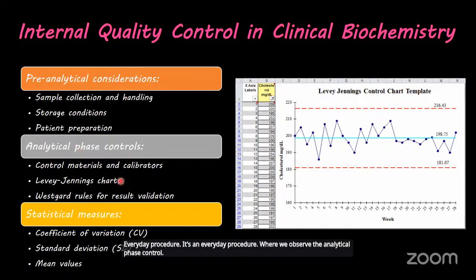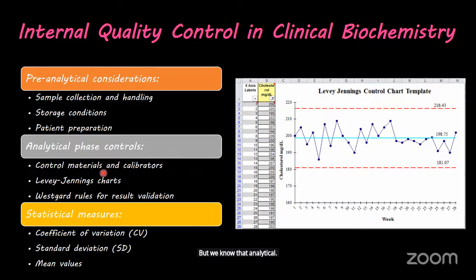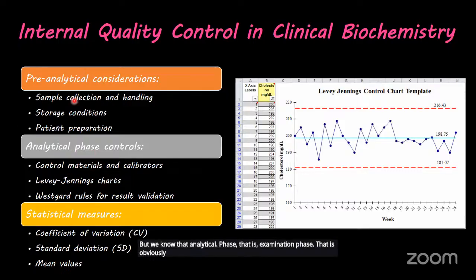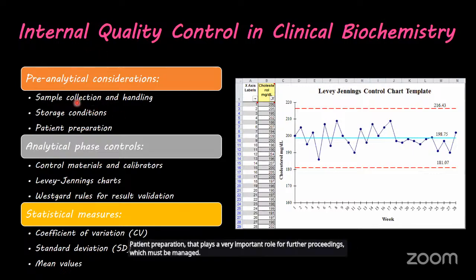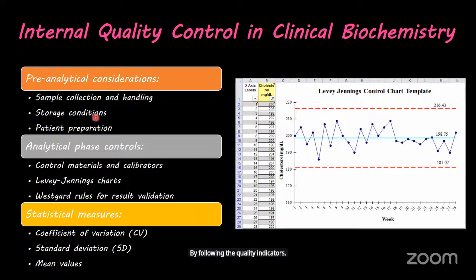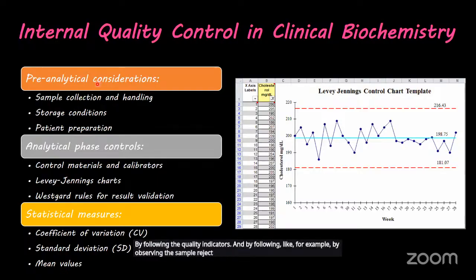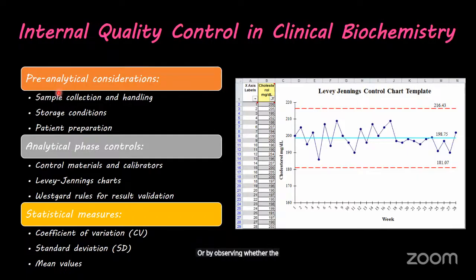But we know that the analytical phase, that is the examination phase, is obviously affected by the pre-analytical or pre-examination phase. So sample collection or handling, storage condition, and patient preparation play a very important role, and must be managed by following quality indicators, by observing sample rejection criteria, or by observing whether the sample is properly labeled.